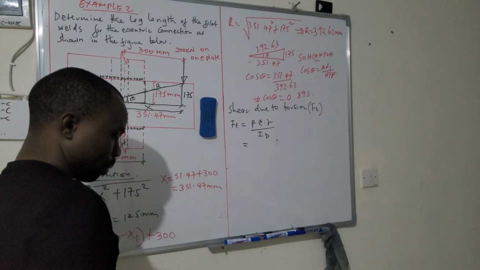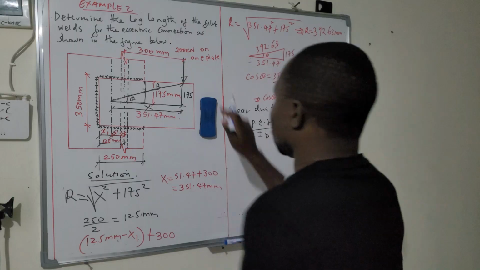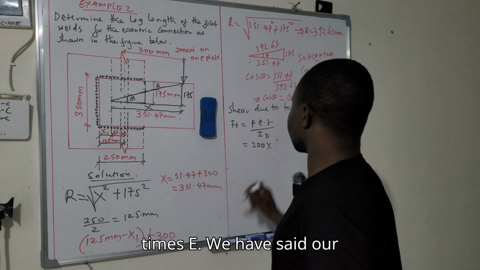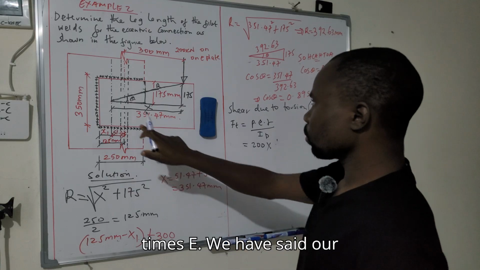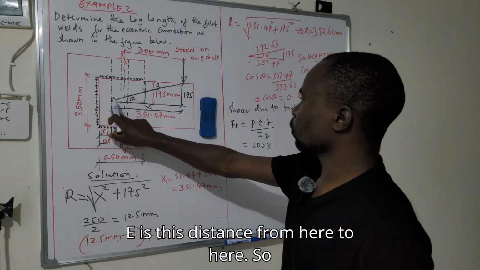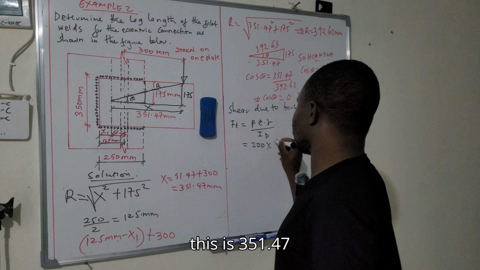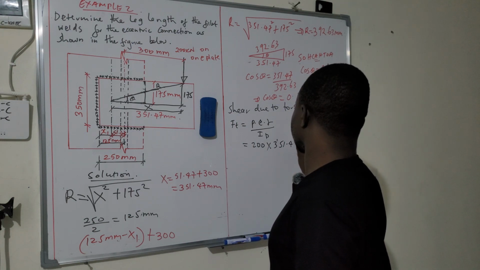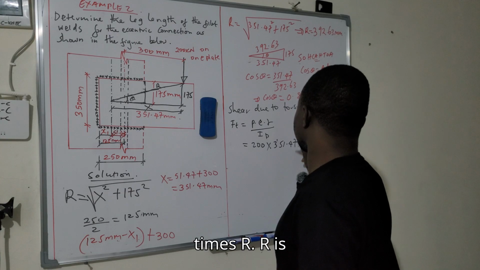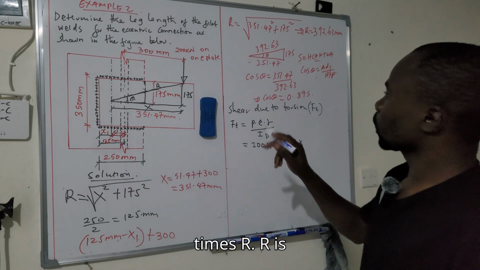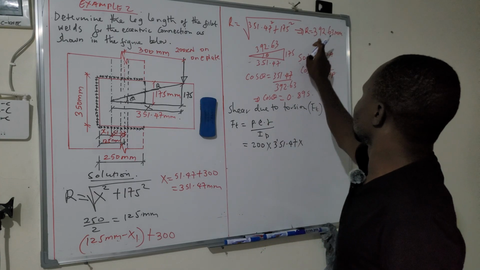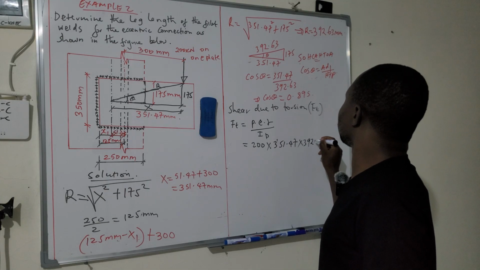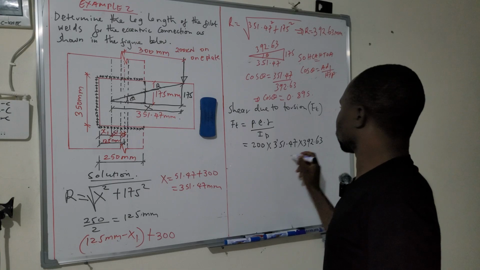So our P is 200 times E. We have said our E is this distance from here to here. So this is 351.47 times R. R is 392.63.